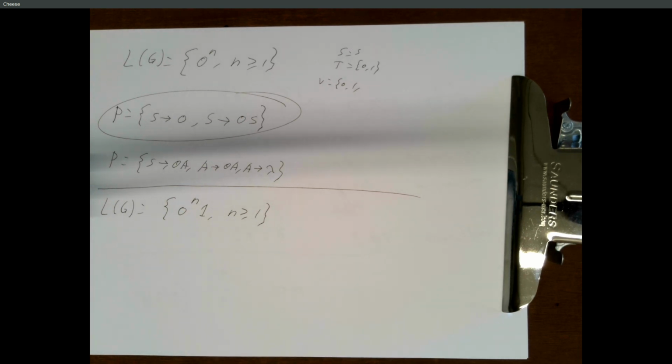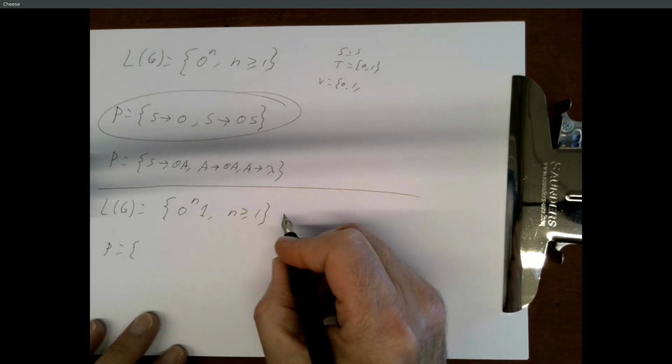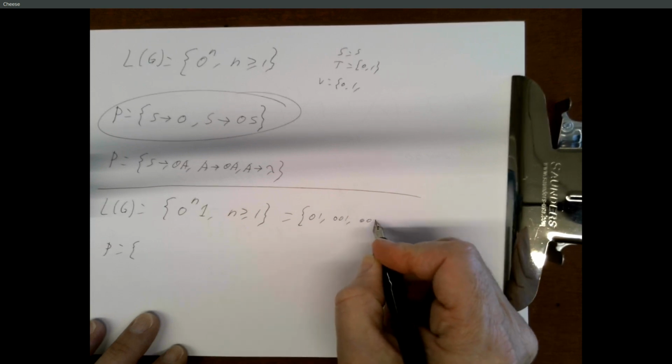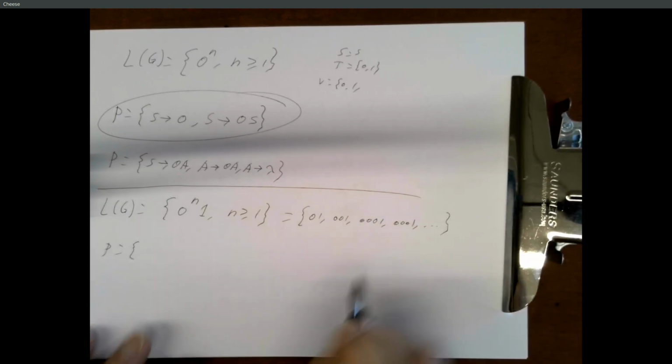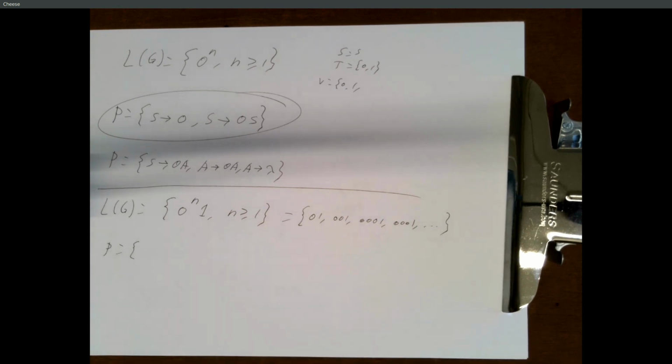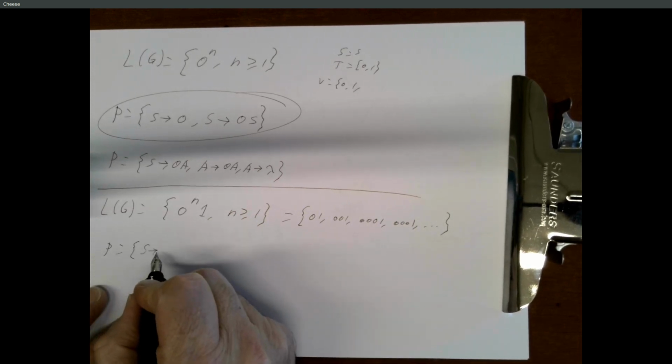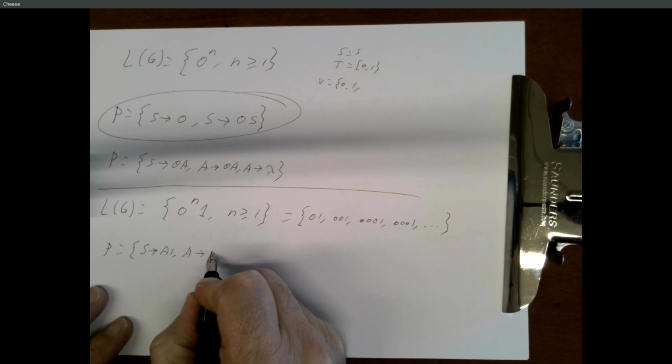Suppose we wanted 1 or more zeros followed by a 1. Map S to A1 and map A to 0 or A to 0A.